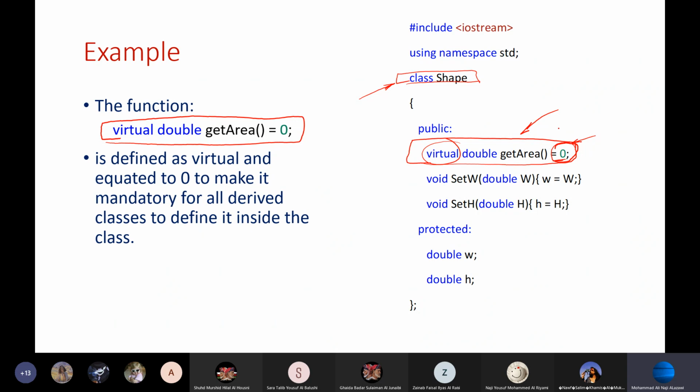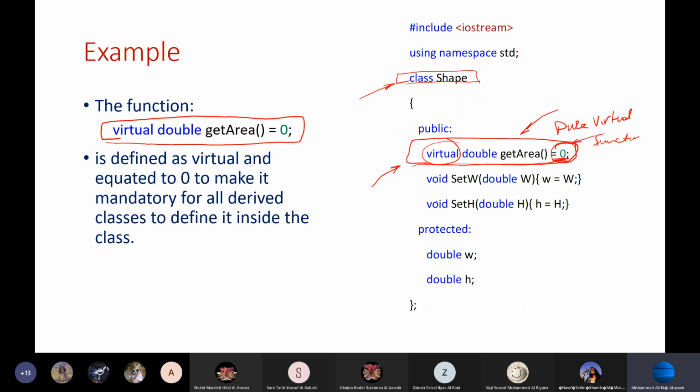If we equate it to 0, we call it a pure virtual function. So a pure virtual function means it's a virtual function, but it's equal to 0 without any definition. If you can see here, there's no definition for this function. That means any subclass from this base class should define the virtual function. Otherwise, you will get an error.